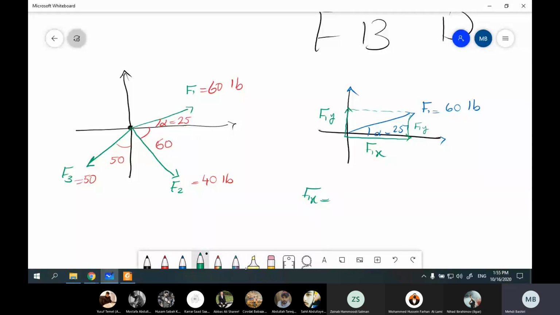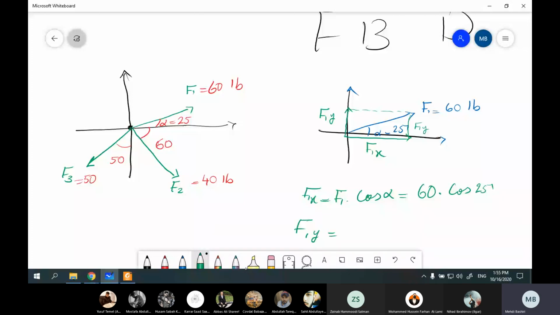When you have your vector near the angle, you should use cosine. So F1x is F1 cosine of alpha. That would be 60 dot cosine of 25.